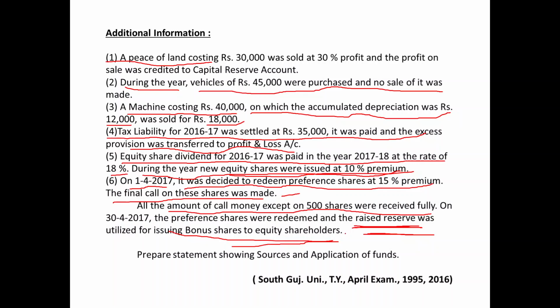So first you have to deal with this sixth point related with RPS redemption, creation of reserve, that is CRR, and then CRR was utilized for issuing bonus shares to equity shareholders. Once you complete all these formalities, then afterwards only you can arrive over here for the determination of how much equity issue has been made in the current year with 10% premium. So be careful.